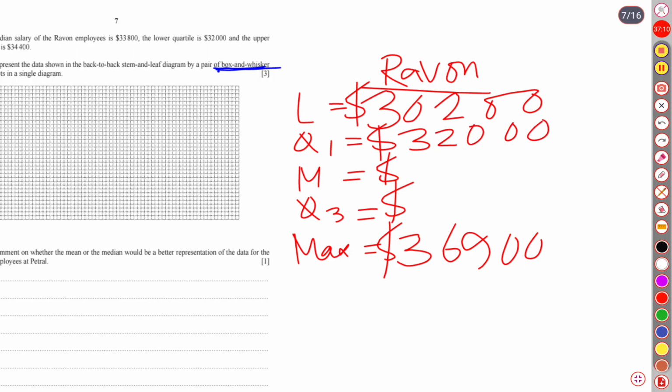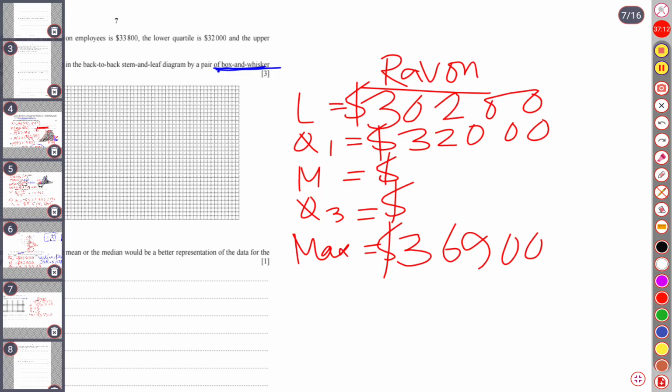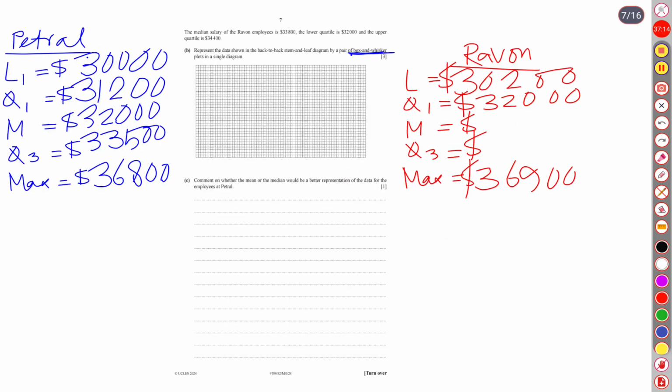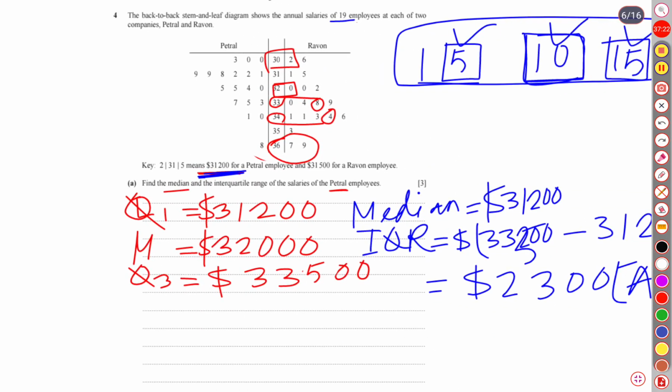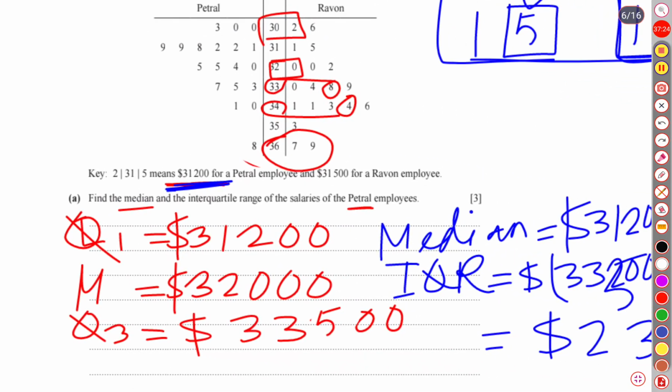Then median was, how much was the median? Yes, median was 338. Lower quartile is 320, median is 338, upper quartile is 344.